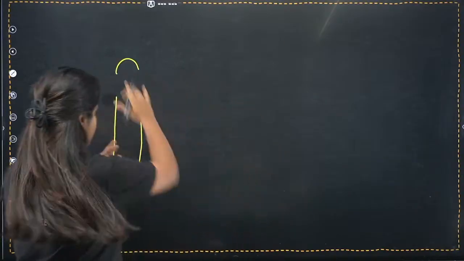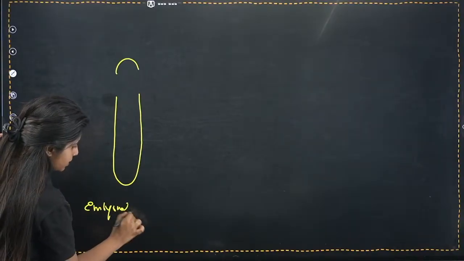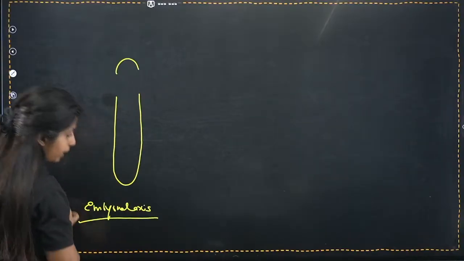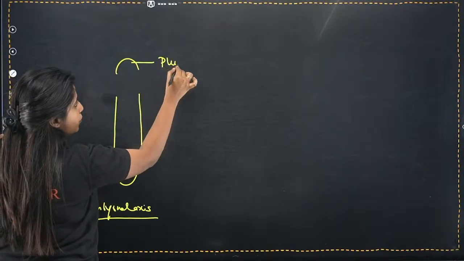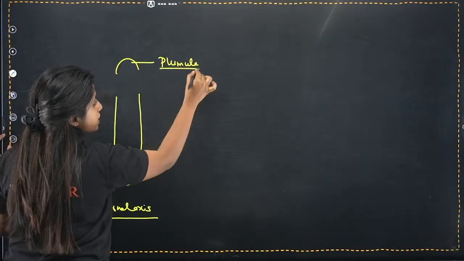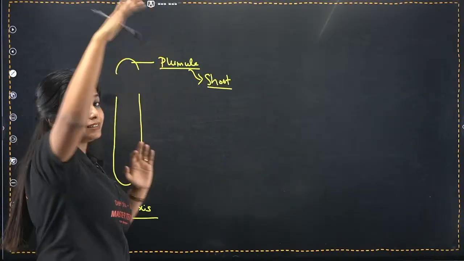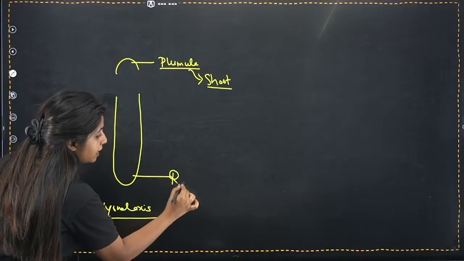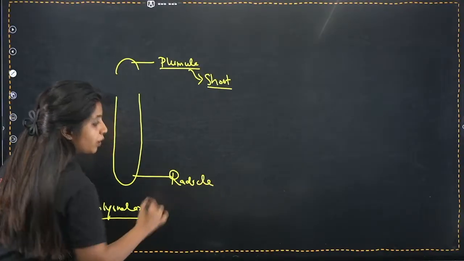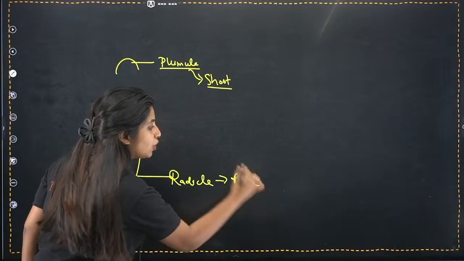Now here at the top portion you have the plumule. Plumule is something that is going to give rise to the shoot of the plant, as in the stem, the leaves and everything out there. And at the lower corner you have something else which is known as the radicle. Radicle helps in the formation of the root of the plant.